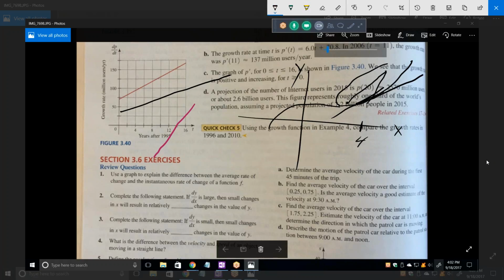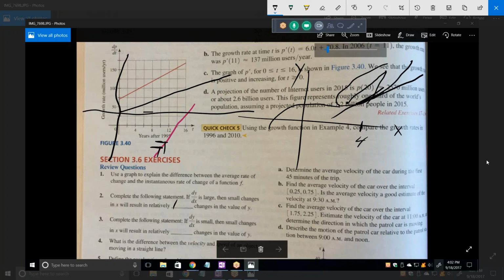Okay, hold on a second. If I put a graph on that small slope, then when I move over, that's dx. Well, first of all, dy/dx means large. So we're looking at the pink line. That's a large dy/dx compared to the black line. And what they're saying is small changes in x result in large changes in y.